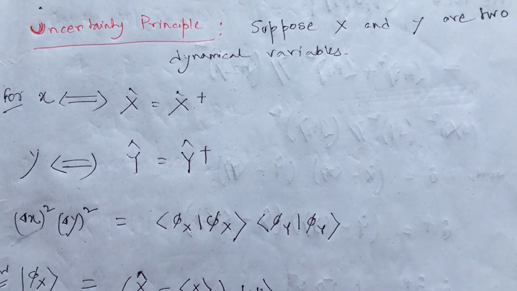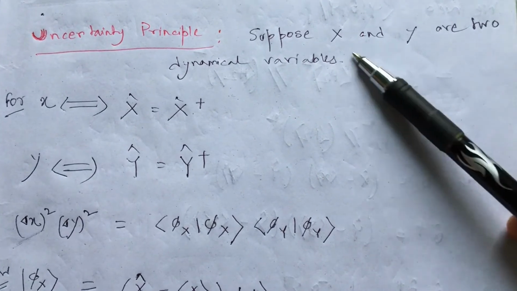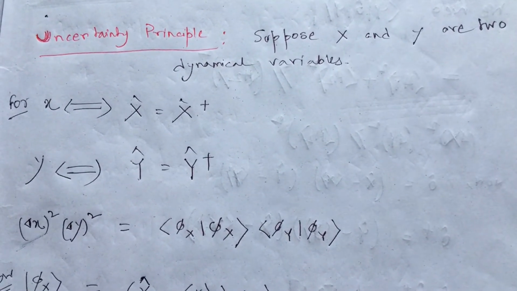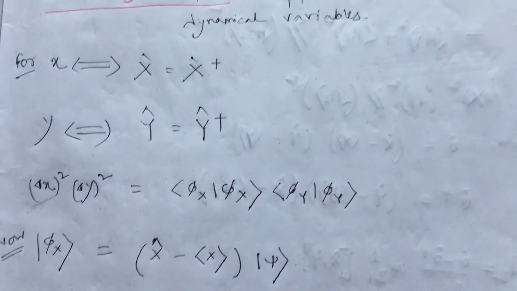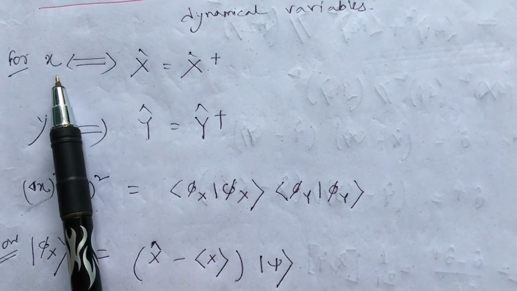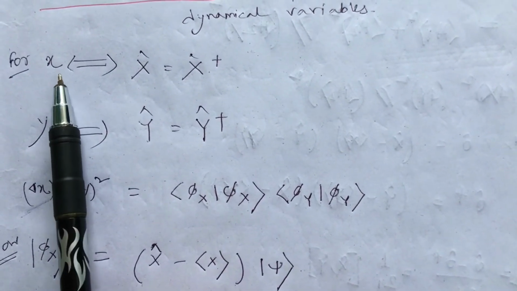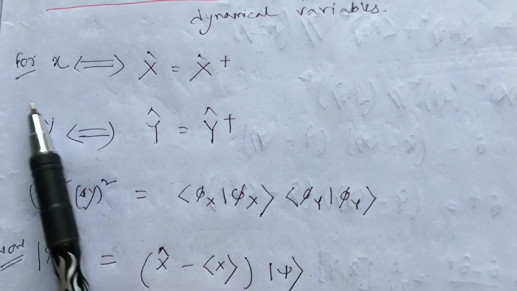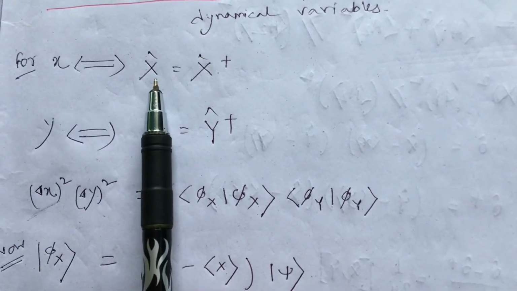So for the time being, I consider x as position and y as momentum, for example. Now for position, we know that in quantum mechanics any dynamical variable corresponds to an operator.